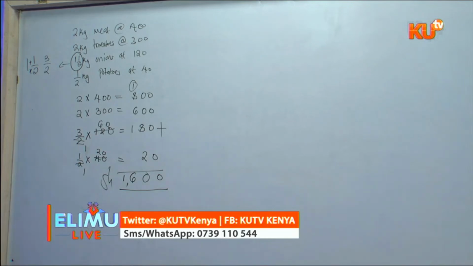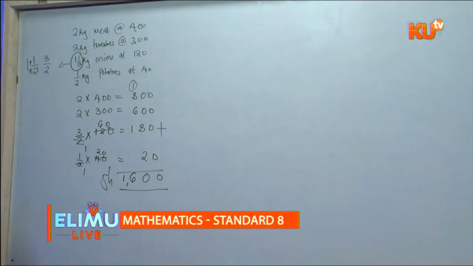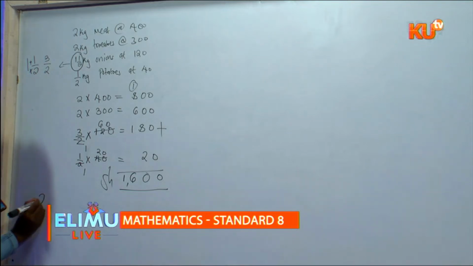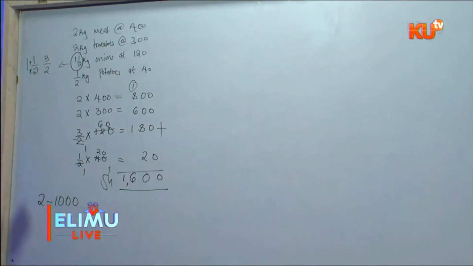And then we had been told that Juma was given 1,000 shillings notes to buy the following items. How much balance or how much remained?